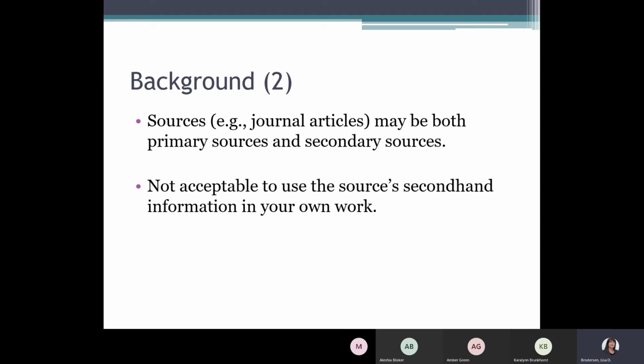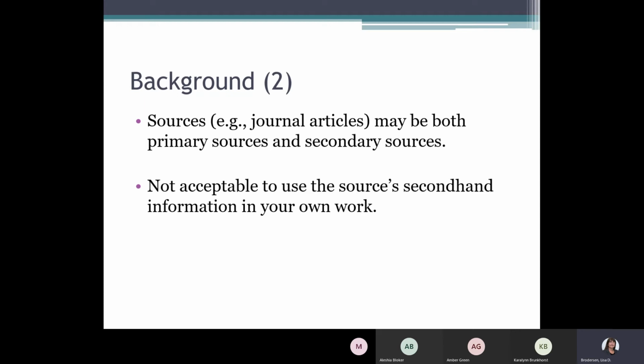And then the discussion section can also be a primary source of information because it will contain the researchers' original conclusions about what their study findings mean and what they imply for future practice and research. But I'll just reiterate that journal articles that are primary sources of information are nearly always also secondary sources of information.